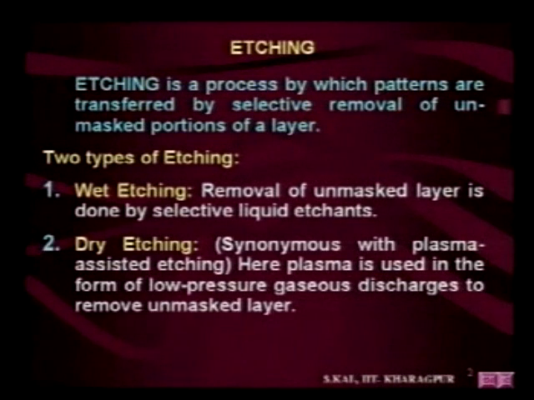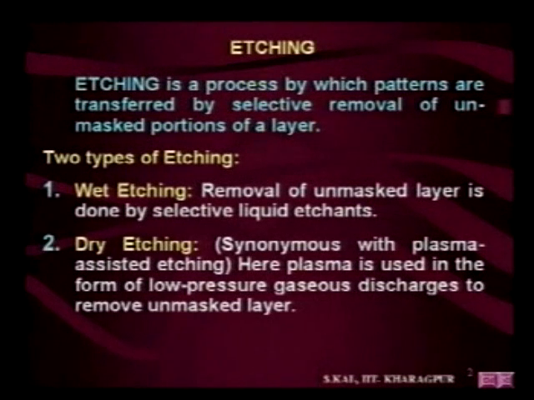Wet means we are using liquid etchant, and again I use the word selective. The reason is the liquid etchant selectively removes the film, not the mask material and the substrate material. That's why I mention here selective liquid etchant.